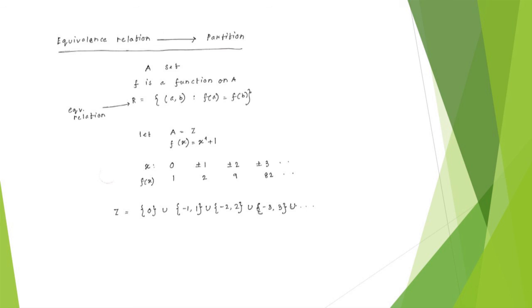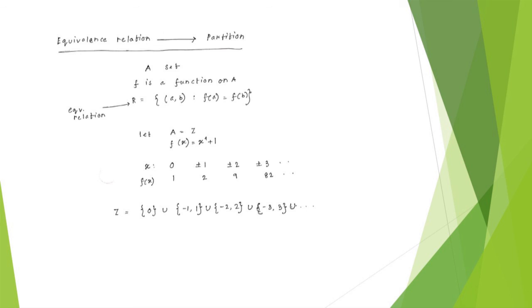For a particular example, consider A to be the set of integers, that is A equals Z, and the function f is defined as f(x) equals x to the power 4 plus 1. Now if x equals 0, f(x) equals 1.